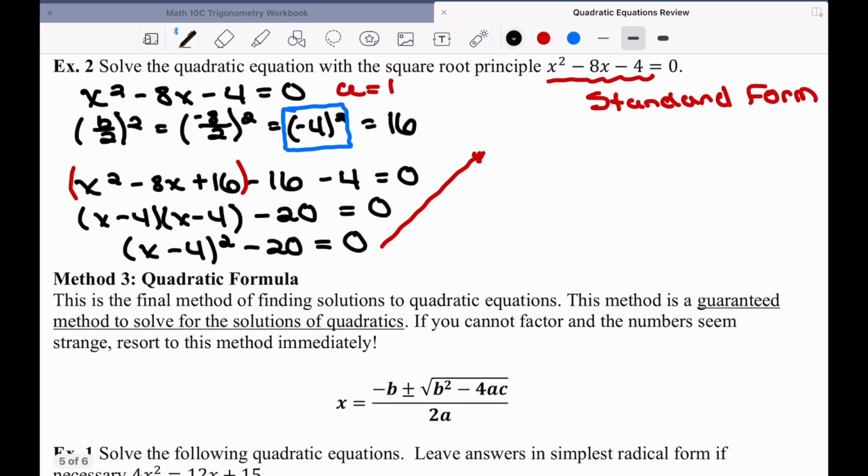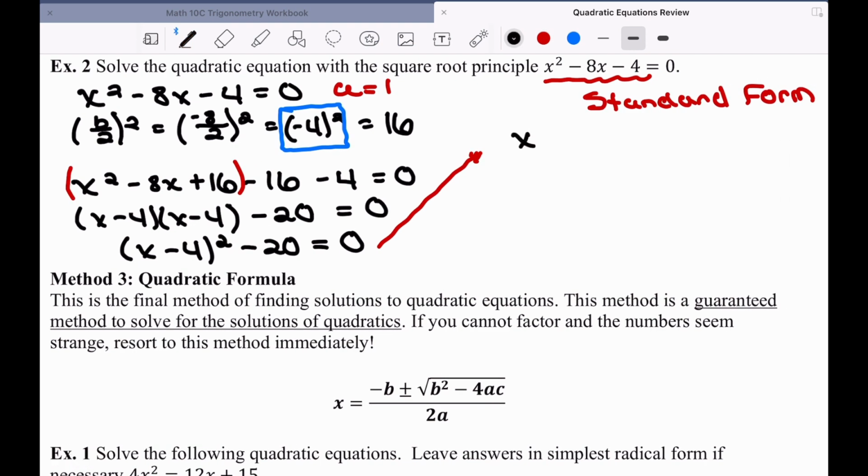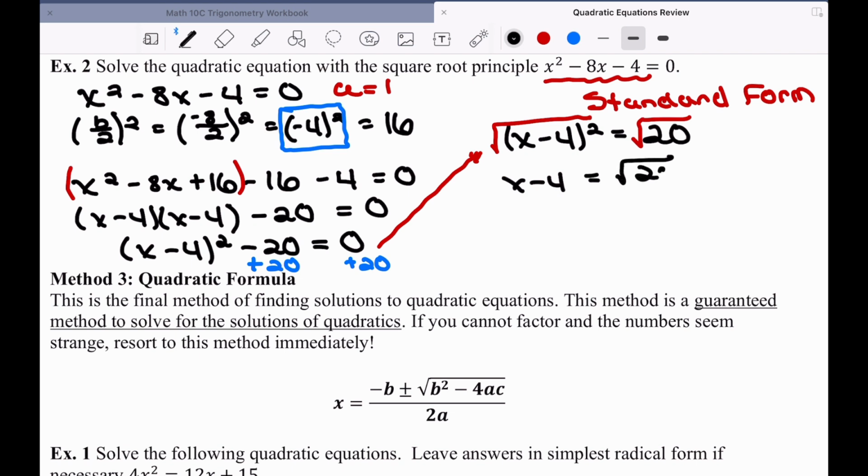So I'm going to write this as x minus 4 squared is equal to 20, because I'm going to plus 20 to both sides. Now I can square root both sides, and I'm left with x minus 4 is equal to root 20. Now we have two cases here.